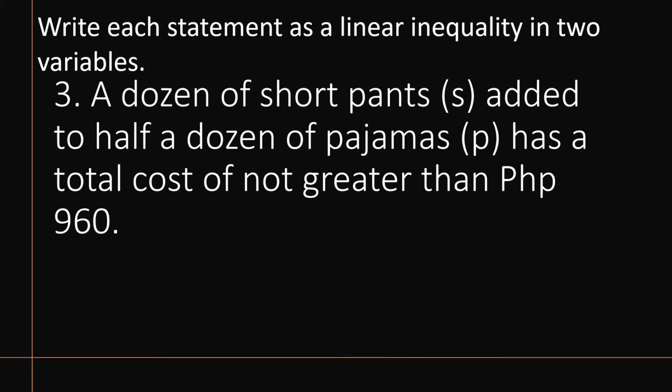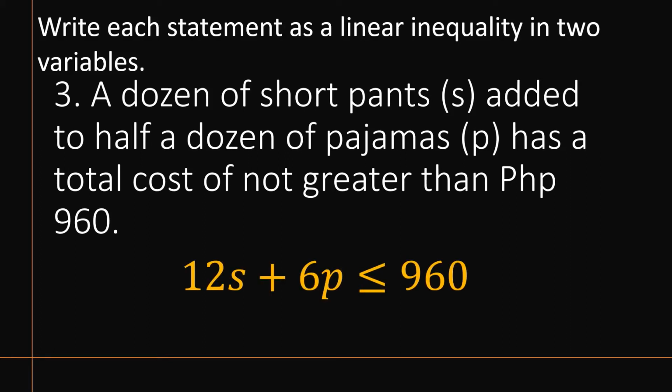Number 3. A dozen of short pants S added to half a dozen of pajamas P has a total cost of not greater than 960 pesos. If your answer is 12S plus 6P is less than or equal to 960, then you are correct.